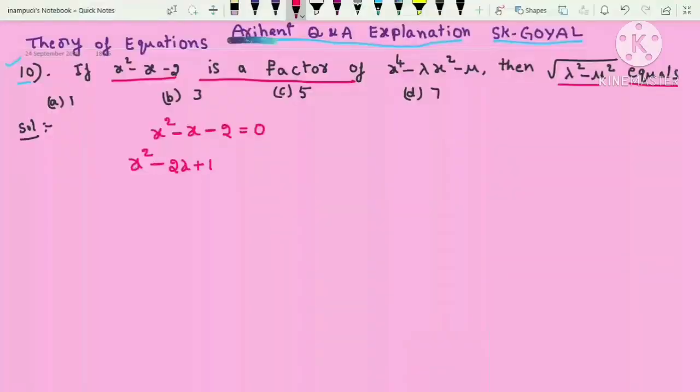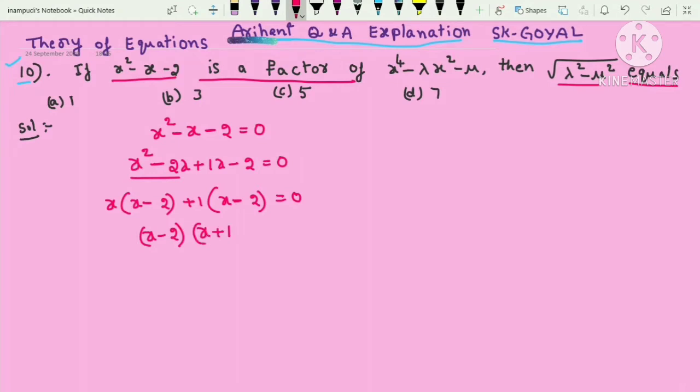x(x - 2) + 1(x - 2) = 0. Here x is common, and (x - 2) is common. Taking x - 2 as common, the remaining is x + 1 = 0.